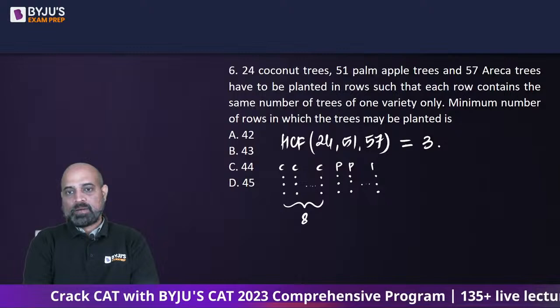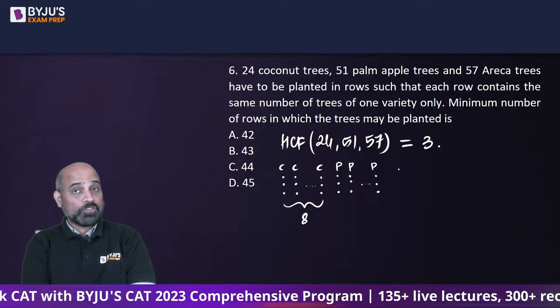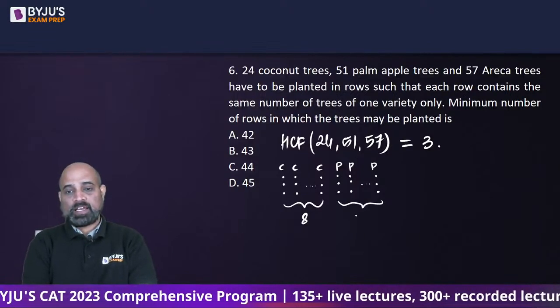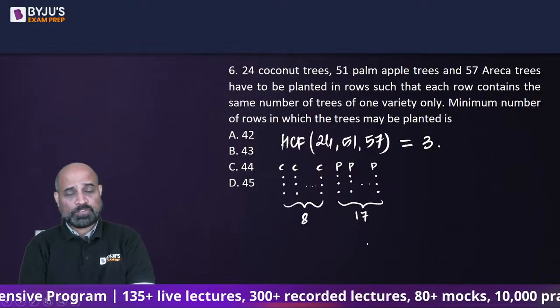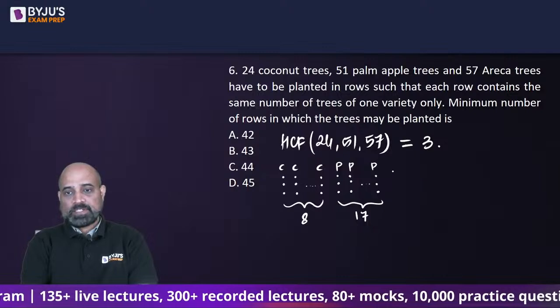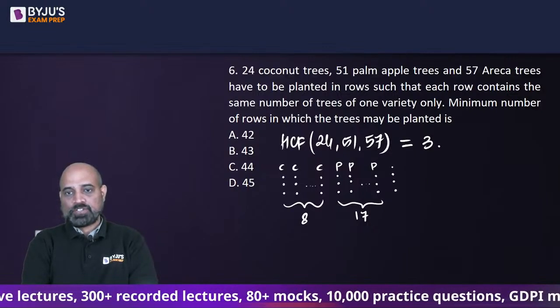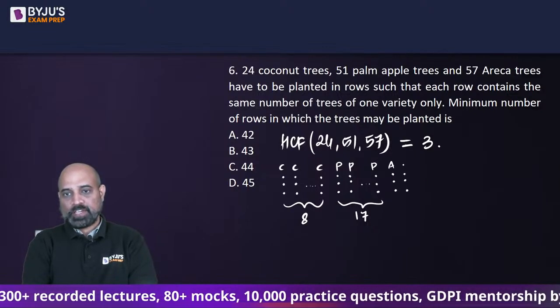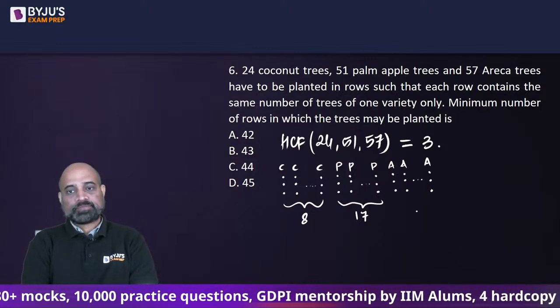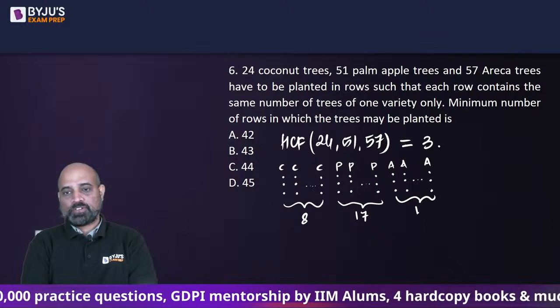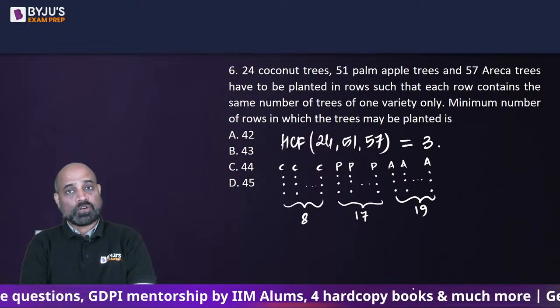Palm, palm, palm. And since we have a total of 51 trees, that would mean I will have a total of 17 such rows for palm. 17 into 3 is 51. Next, we will have 3 trees of areca in every row, which says that I will have a total of 19 such rows.